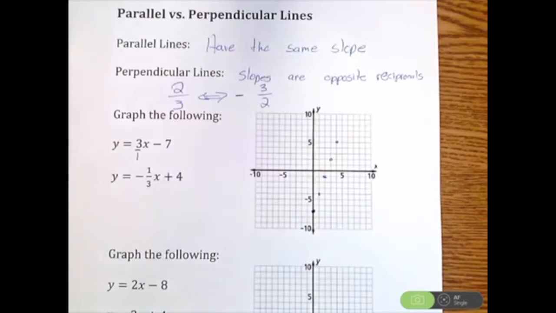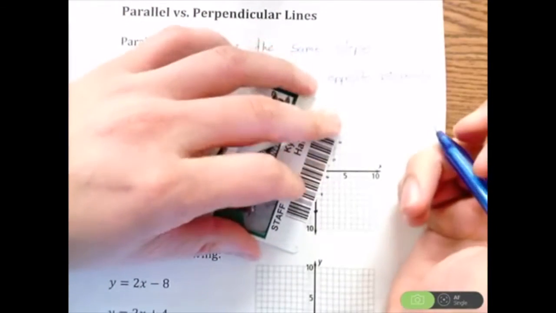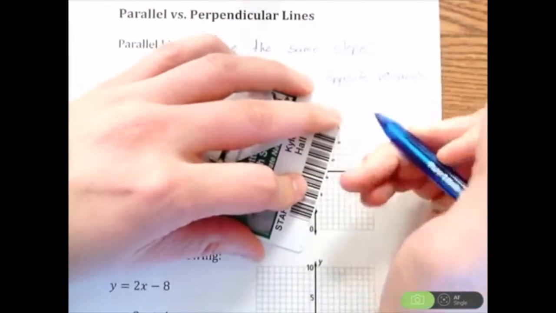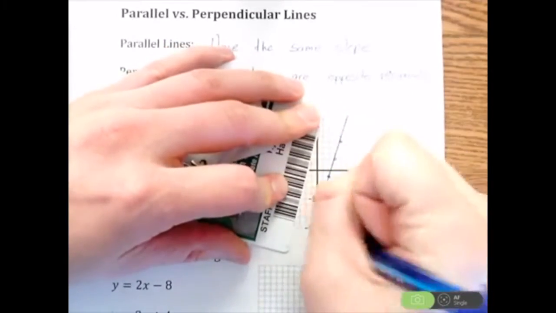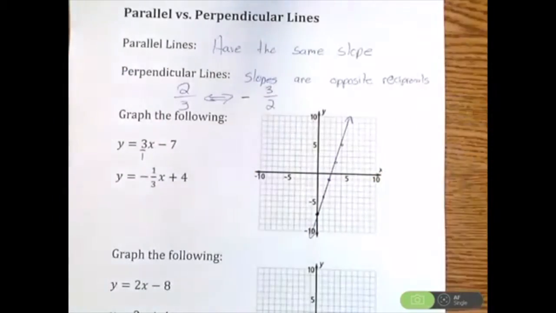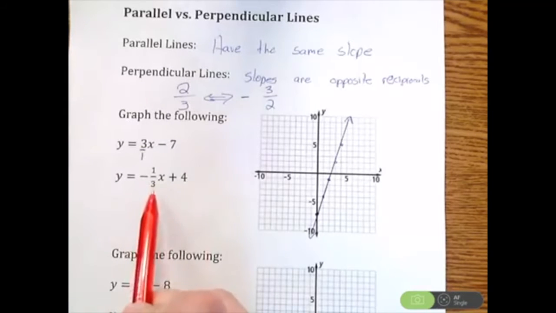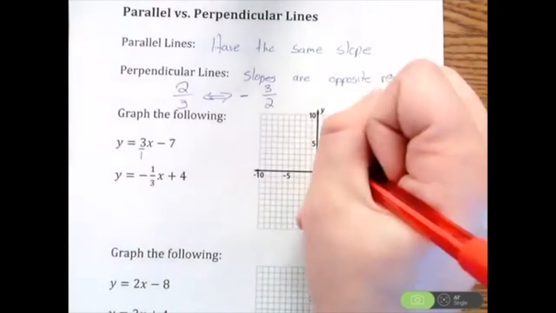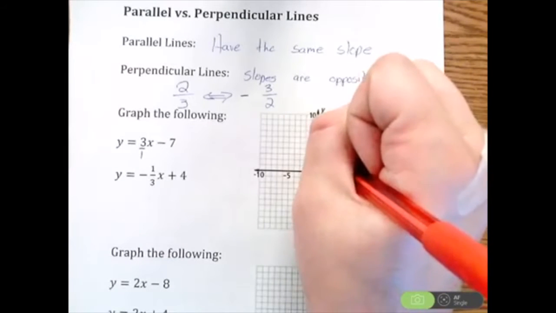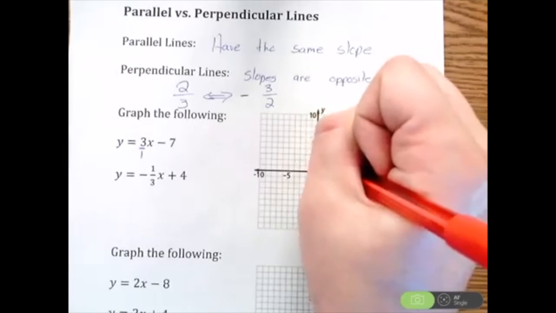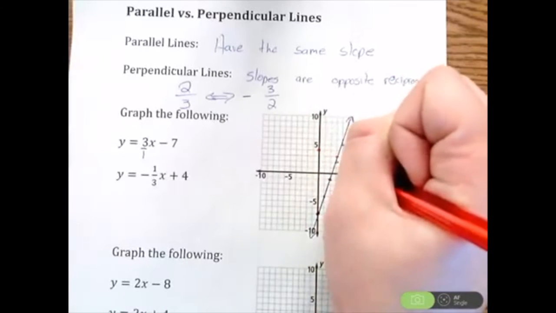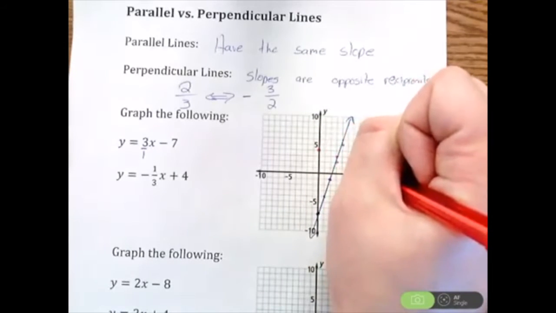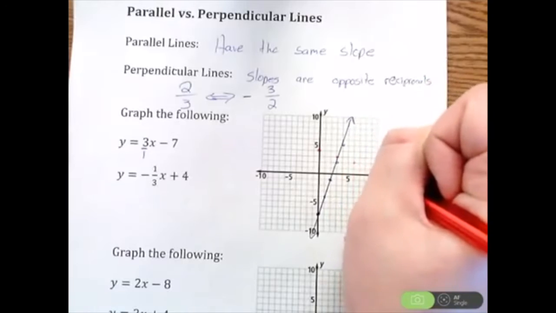I can take an ID or ruler, anything that's straight, line them up, and there's my first line. I'm going to graph my second line now, which is y equals negative 1 over 3x plus 4. So I'm going to have a y-intercept up here at positive 4, then down 1 over 3, down 1 over 3, down 1 over 3.